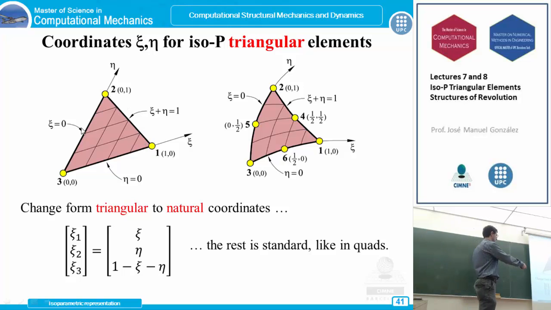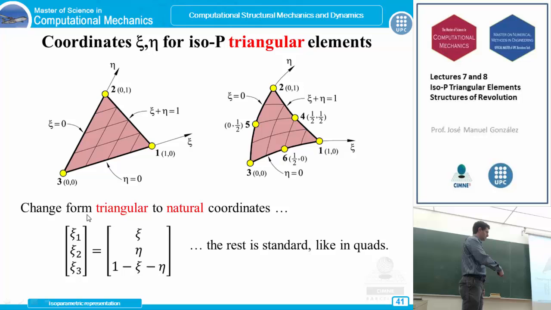So this is another way to express these natural coordinates, much more similar, or clearly easy to identify with the quadrilateral elements. So we must express everything we have said using just this G and eta natural coordinates, which makes it a bit easier to understand.